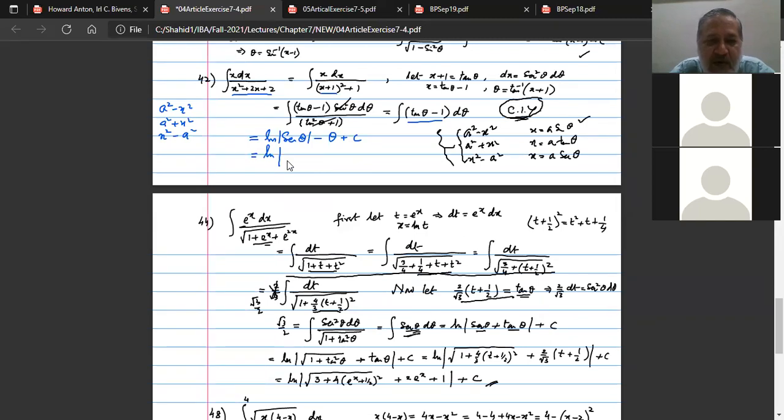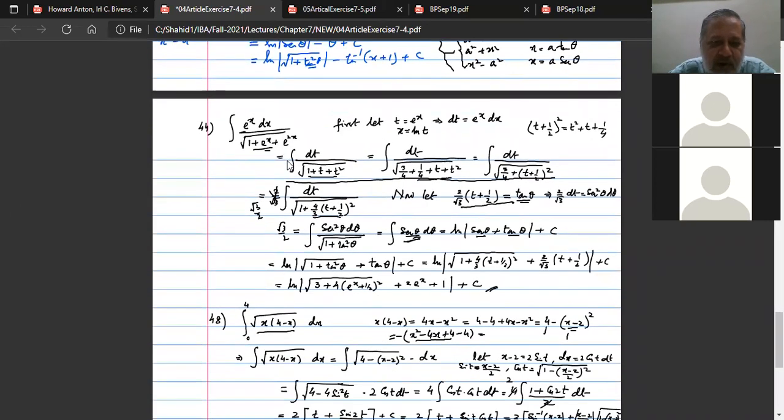So 1 plus tangent square is secant square. So this has to be written as the square root of 1 plus tangent square theta, minus tan inverse of x plus 1 plus c, and then this is also replaced by x plus 1. That completes the work. I had said that complete it yourself.